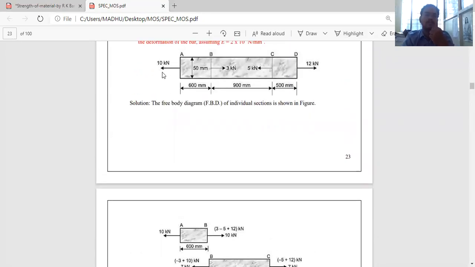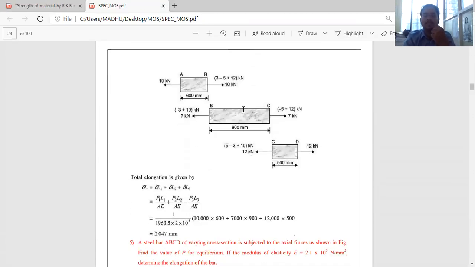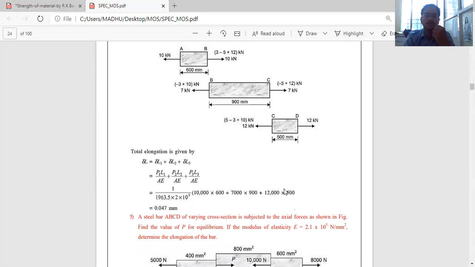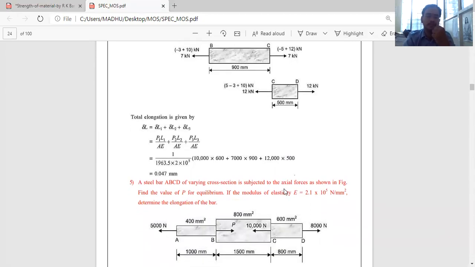So the summation of these three: 10 plus 5 minus 3 is 12. So again, it is tensile. And the strains here are also tensile strains. When you get the values, you should add them.